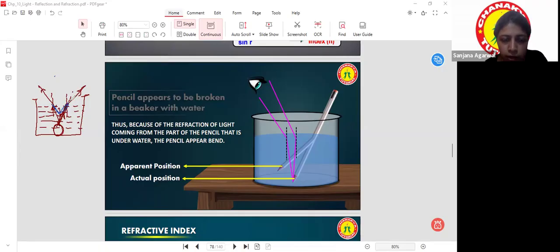Can you see this blue line? They are meeting at this particular point. The image of the lemon will appear to the observer quite raised above. The position of the lemon will be this for the observer, but its actual position is this. So this all happens due to refraction.